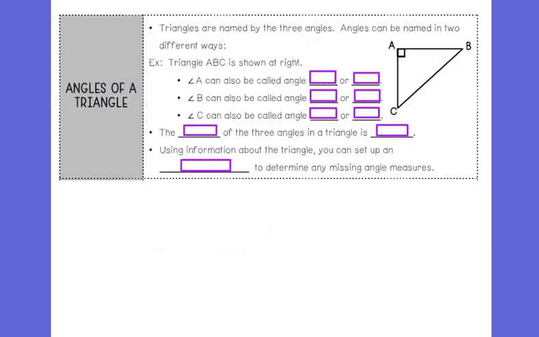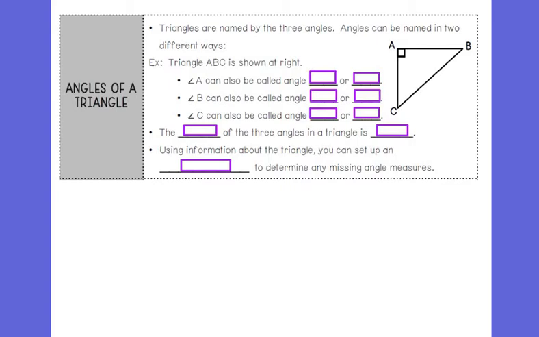So first we're going to look at the uniqueness of the angles of triangles. And it says triangles are named by the 3 angles. Angles can be named in 3 different ways actually. So I have this triangle ABC here. And it says angle A can also be named 2 different ways.